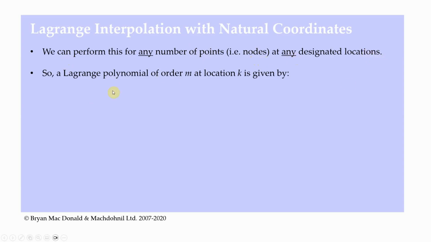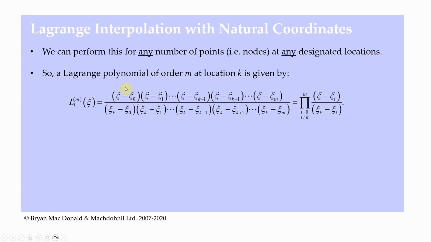So a Lagrange polynomial of order m at location k is given by this equation here, which is what we essentially had. Our shorthand way of writing this is using this notation here. The one thing that's important to notice is you would be expecting an eta minus eta k term, because, for example, we're looking at location k, and we work our way down from eta minus eta 0, eta minus eta 1, and so on, all the way down to k minus 1, and then we jump to k plus 1.